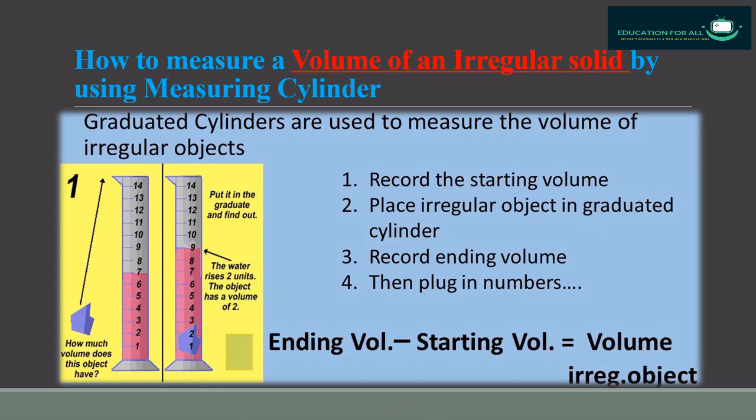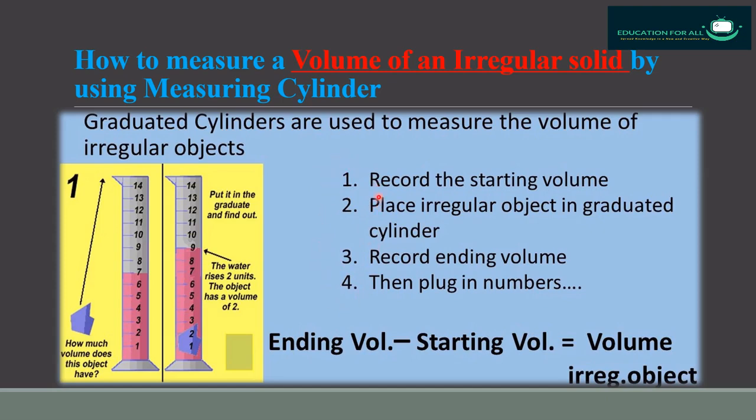Keep 2 to 3 things in your mind. Here you can see it is written that this is a 4-step process by which you can measure an irregular solid's volume. You must follow these 4 steps.